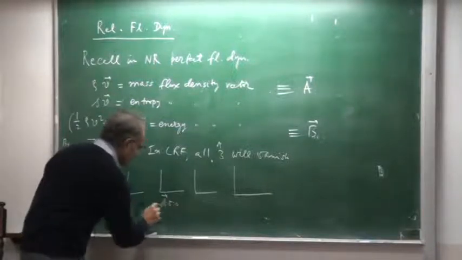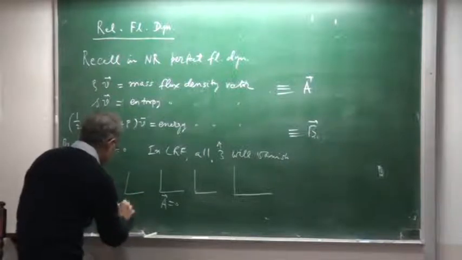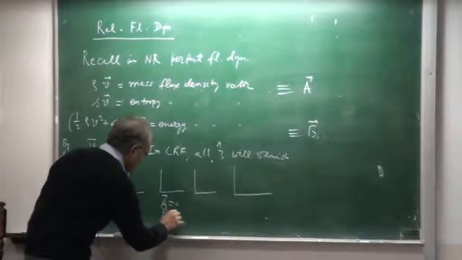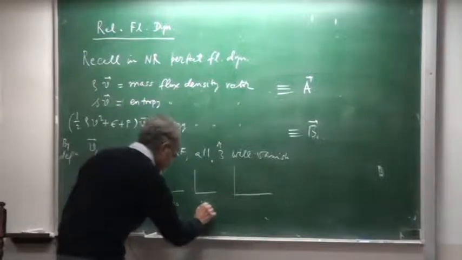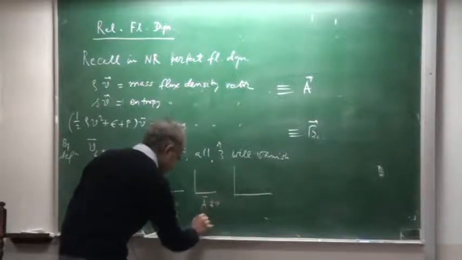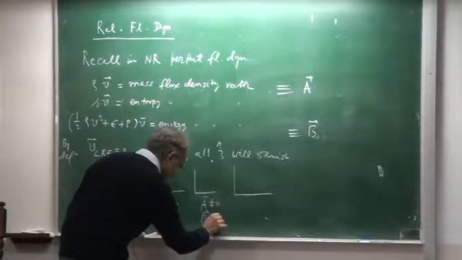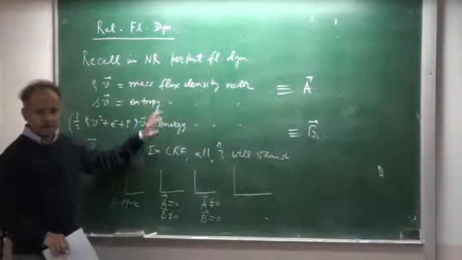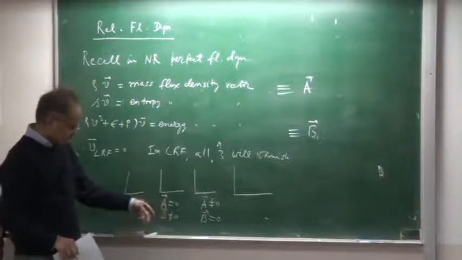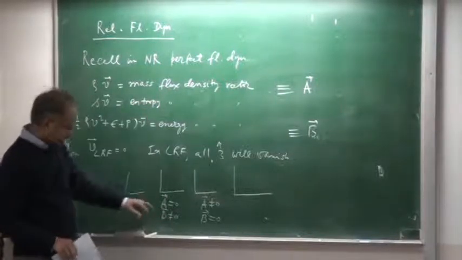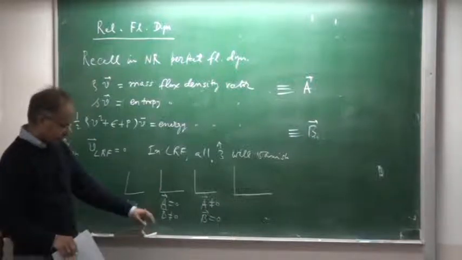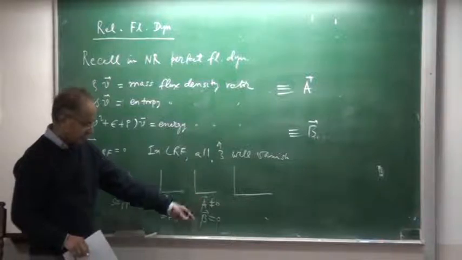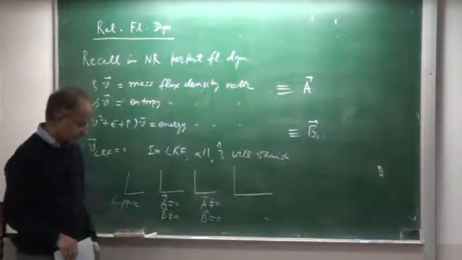Suppose A is 0 here. This doesn't happen here, but suppose that you define such vectors, and in one frame, one of them is 0, the other is not 0. In another frame, the first one is not 0, the second one is 0.